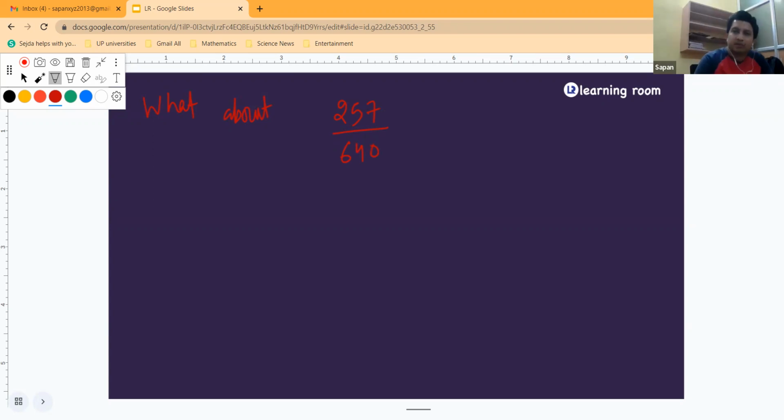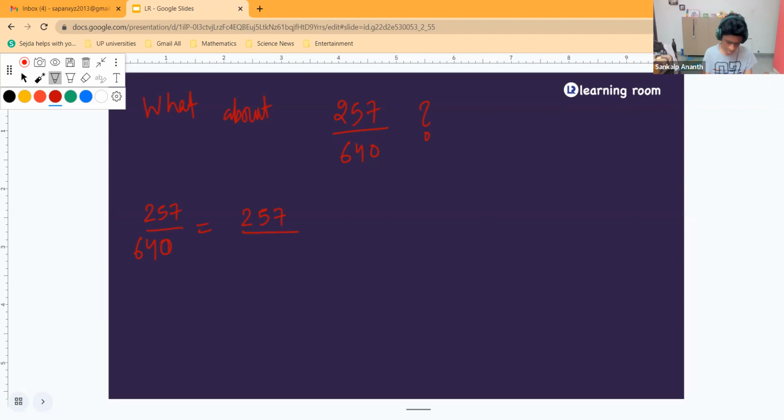What about this? Is it a terminating number or non-terminating? Sir, it's terminating, sir. Let's see. It's 2 cube into 257 by 640. 640 can be written as 8 into 64 into 10.